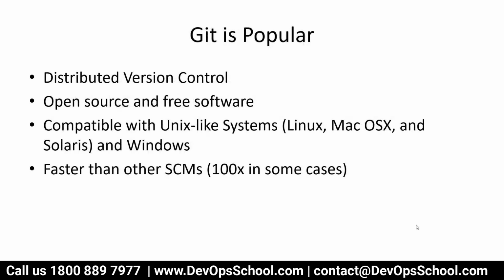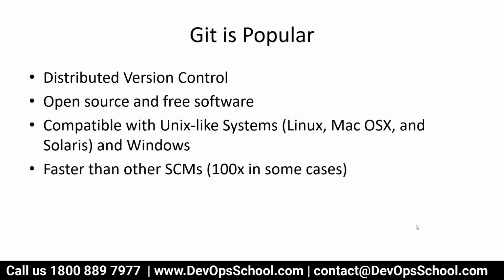So now Git is popular. Why? One of the reasons is that we all are learning it, so it's popular. But again, it's open source and free software. Free open source means you can write the code, you can look at the code, and it's free. And Git is compatible with all the operating systems you know. Now, Git is distributed.